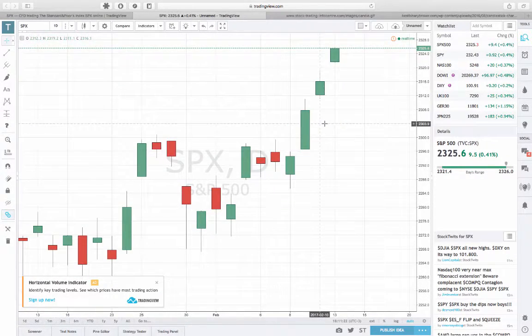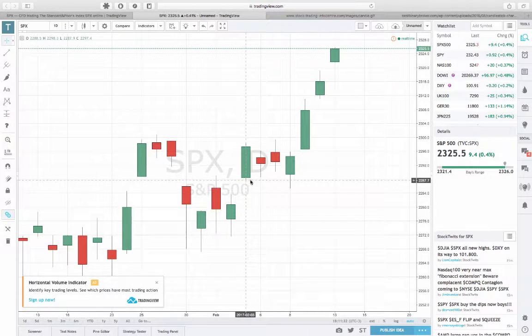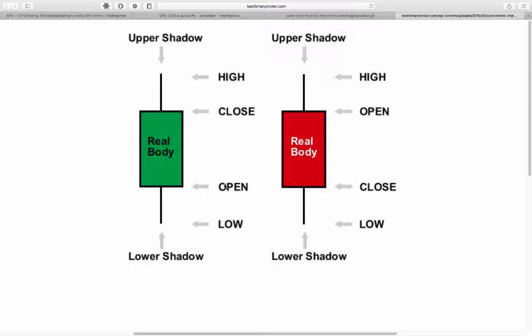So here, taking a look at it, we have green bars, we have red bars. Sometimes the bars have little things coming out the top or the bottom, and these are called candles. A candle is going to be comprised of 3 parts. It's going to have the real body.